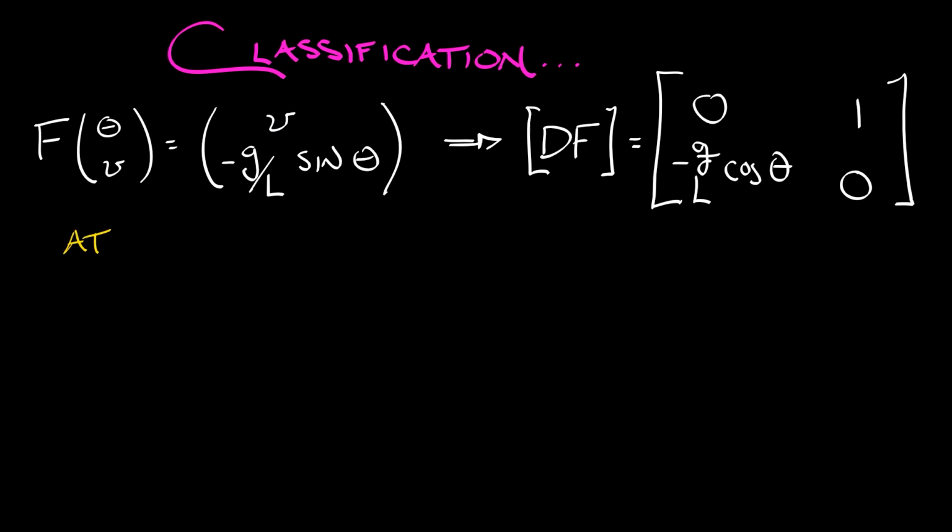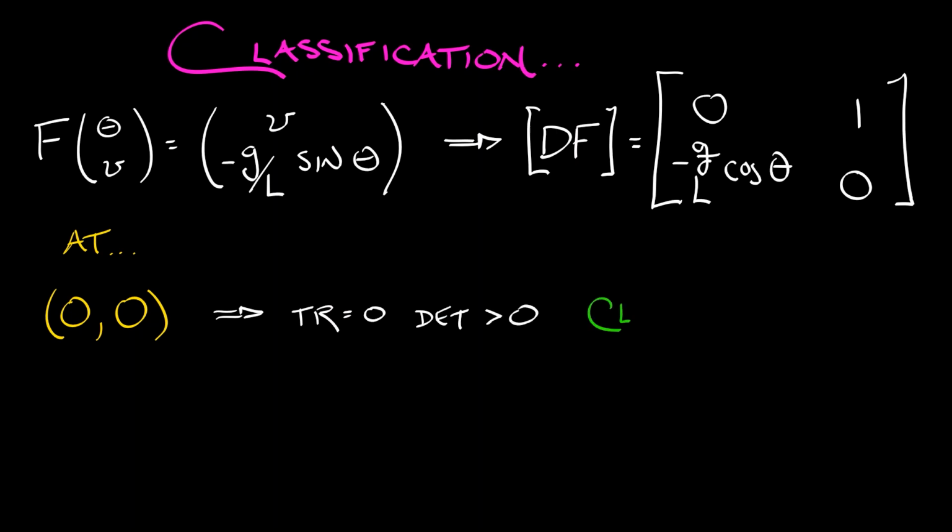With that derivative in hand, we can classify each of the equilibria. At 0, 0, we have what? We have trace 0, and determinant is positive. That means we have a center at the origin. Oh, wait a minute. I'm not sure I trust that this is a center. Not really sure on this one, but let's keep going.